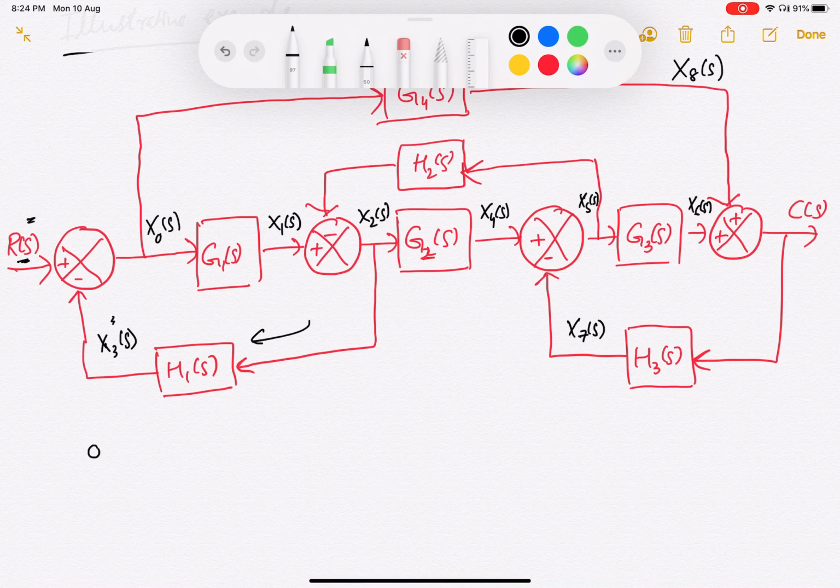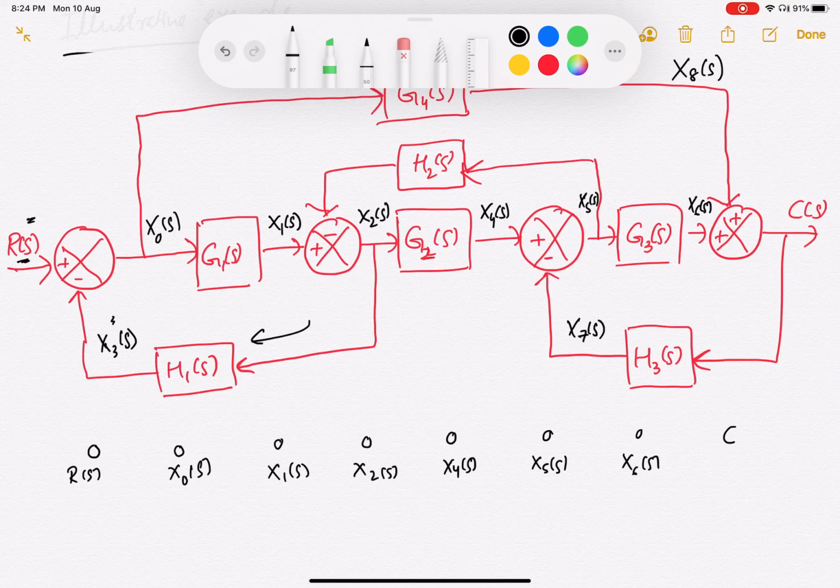So this is my RS, right? This is my X0S, X1S, X2S, X4S, X5S, X6S, and then this is my CS, right?